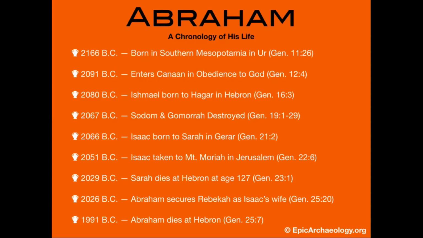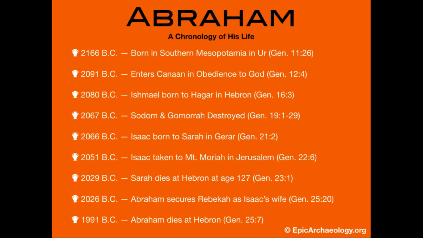Again, this is the general time frame. These dates are not arbitrary. They're based on internal evidence in the text itself. They're also based on the Exodus date of 1446 BC, which is based on a couple of texts: the Jubilee cycles in Leviticus, and 1 Kings chapter 6, verse 1, which says the Exodus took place 480 years prior to the laying of the foundations of Solomon's temple.